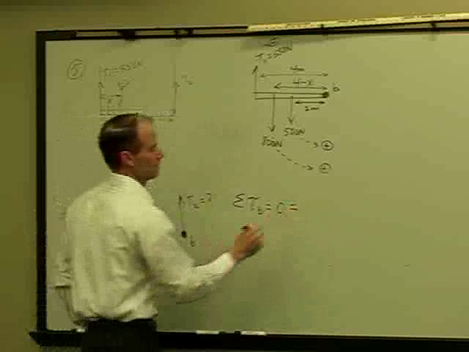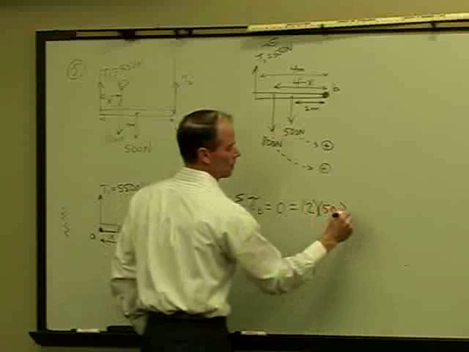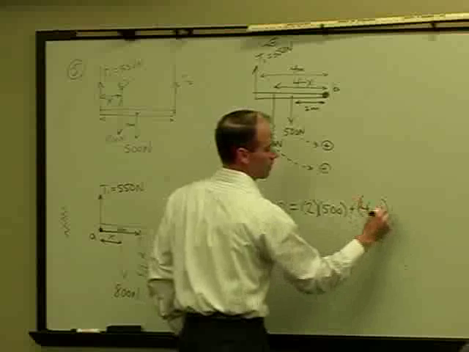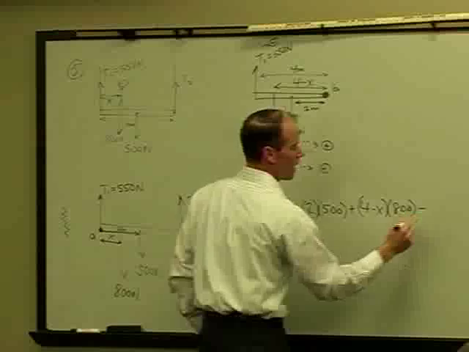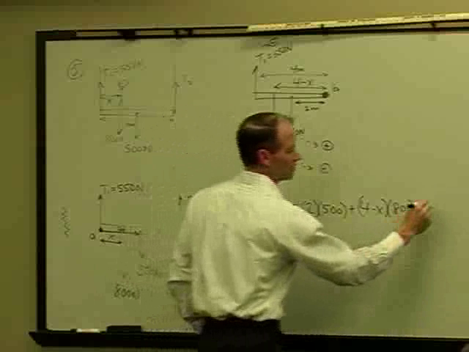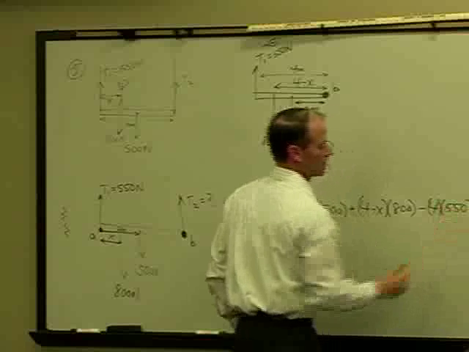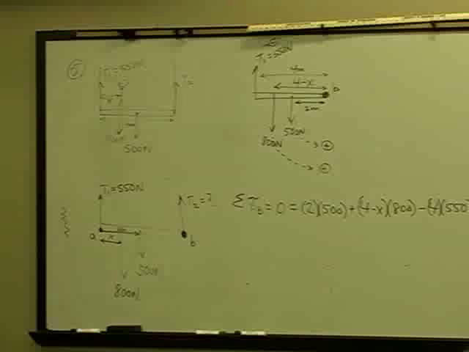And I have 2 meters times 500 newtons plus 4 minus x meters times 800 newtons minus 4 meters times T1, which was 550 newtons, equal to 0.